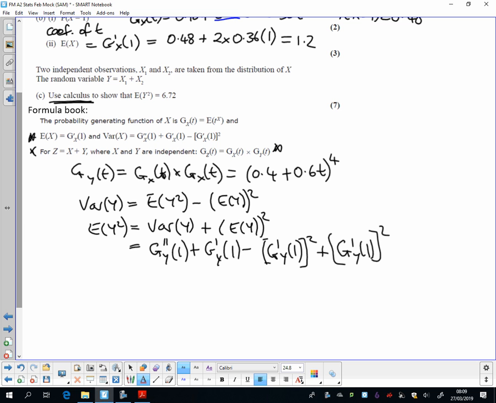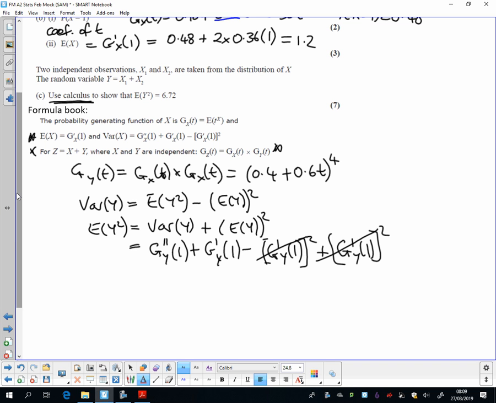You can then see that those two are going to cancel out. So the expected value of Y squared is G of Y differentiated twice, sub in 1, plus G of Y differentiated once, sub in 1. If you do that first, that's going to save you a little bit of work.